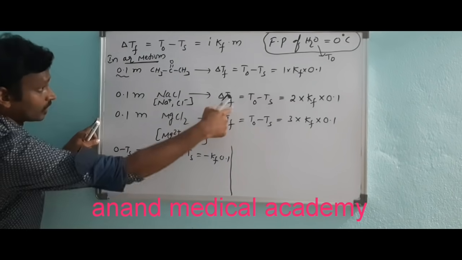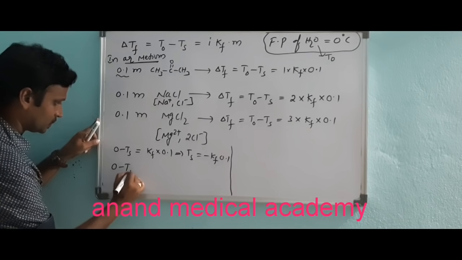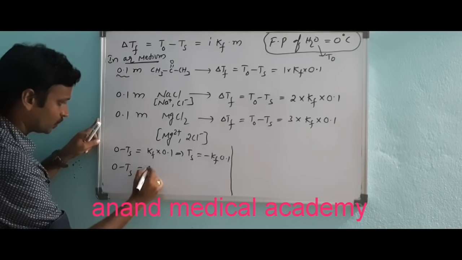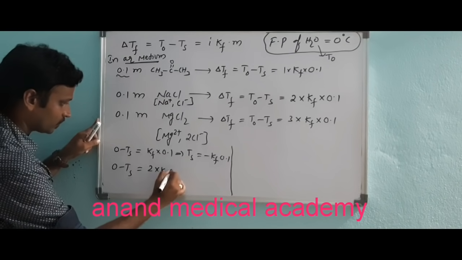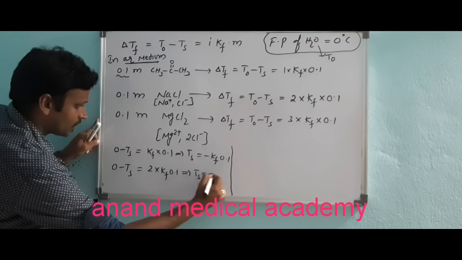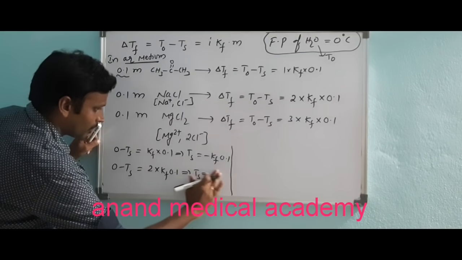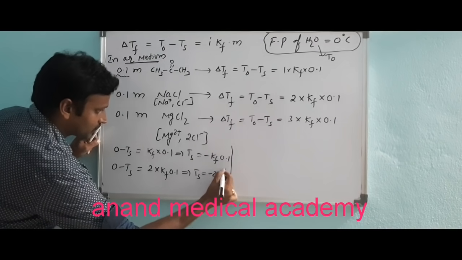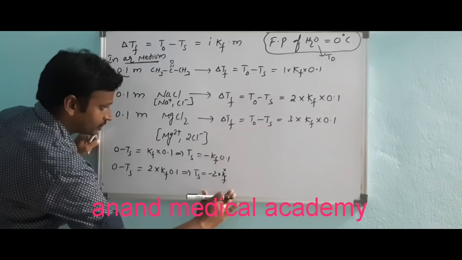Second one: 0 minus Ts is equal to 2 into Kf into 0.1, that implies Ts is equal to minus 2 into Kf into that same 0.1.